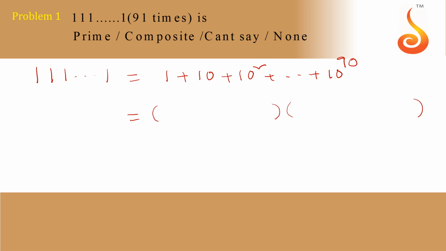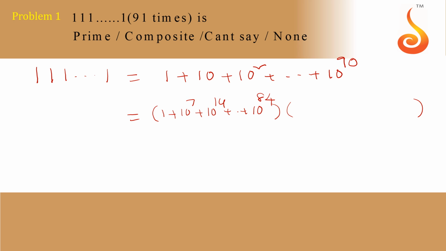Try to split into two brackets because 91 terms means a prime split. If I do 13 sevens I can do.